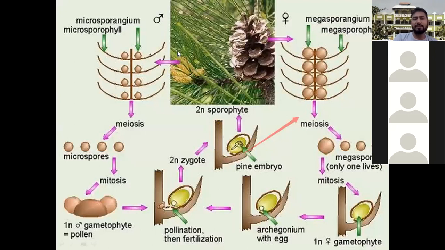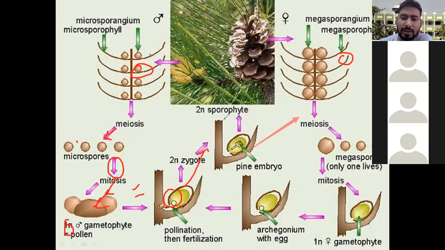Again microsporangium, microsporophyll and megasporophyll, the same structure they have given. This is the megasporophyll and here the microsporophyll, because the size is small. This spore undergoes meiosis and forms the microspore. The microspore directly develops into the gametophytic stage, that is n. Two different gametophytes fuse together and form the zygote, and the zygote forms the sporophytic stage.